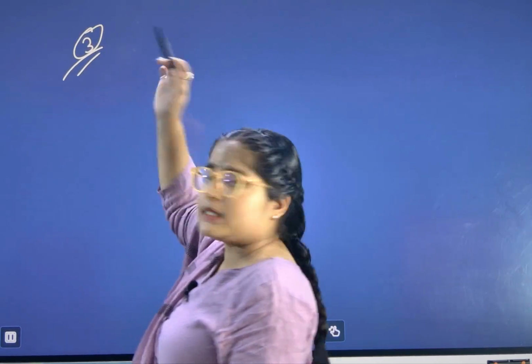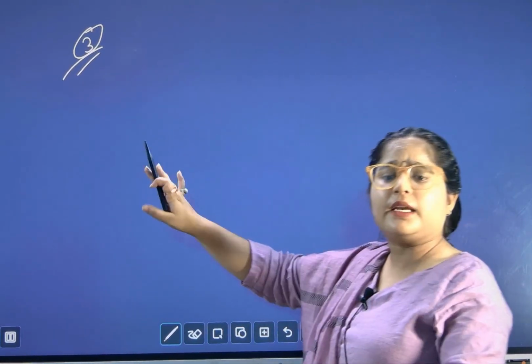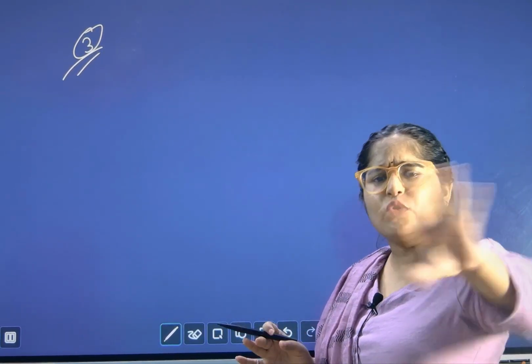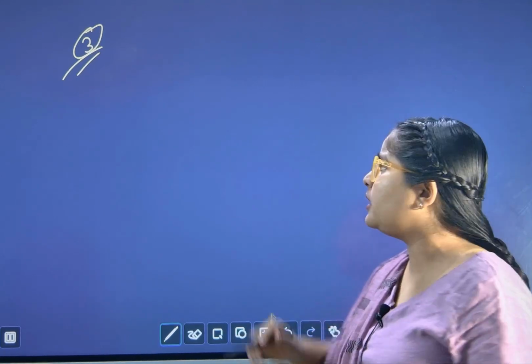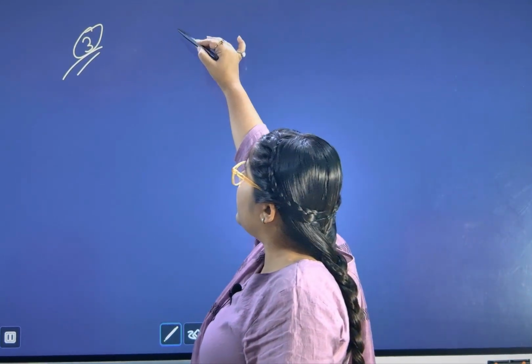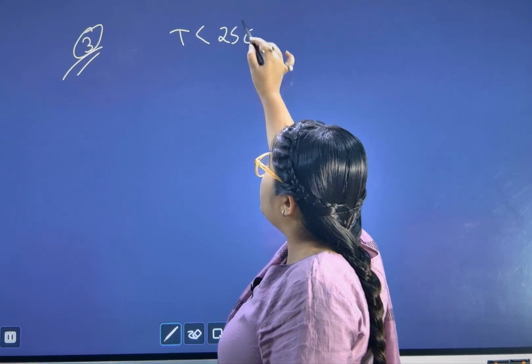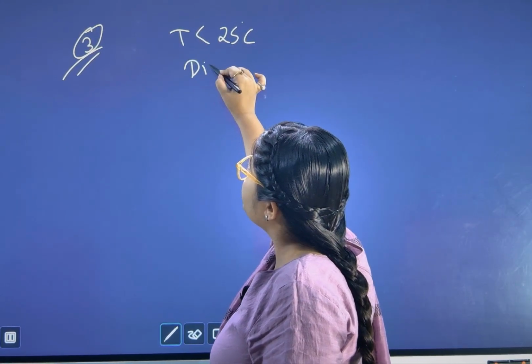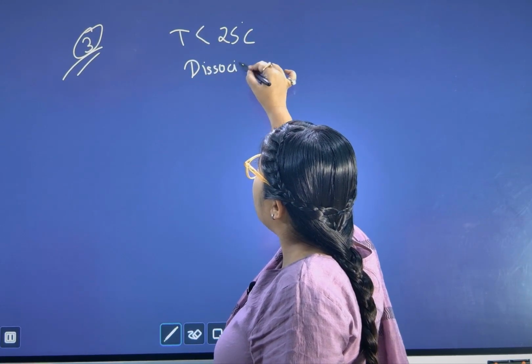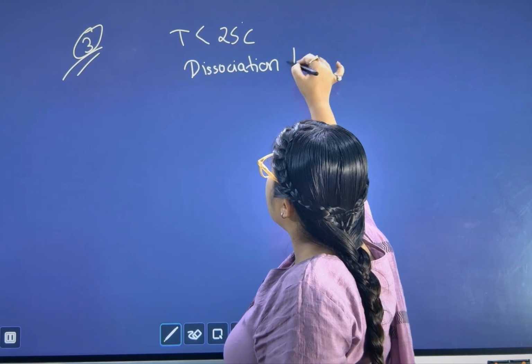What will be the case third? Before I write here, you should start solving it by yourself. Then only you will learn, right? So case third, tell me fast, what will you write down? If temperature is less than 25 degrees centigrade, what will happen? Dissociation will decrease.